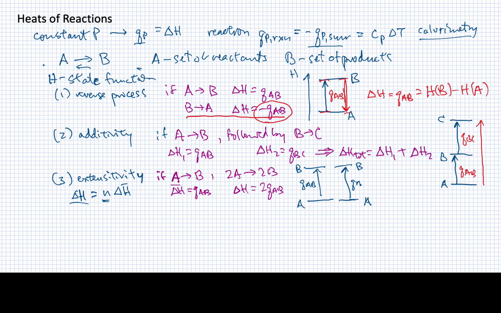So I've gone from A to B to C to D to E, and my enthalpy changes for each of these processes are delta H1, delta H2, then delta H3, and delta H4. So the delta H for the entire process would simply be the sum of these different components.